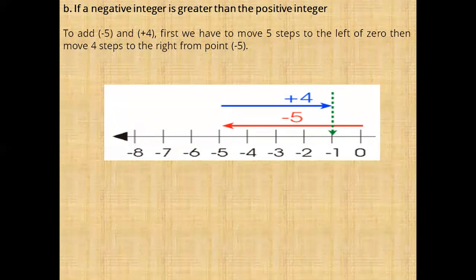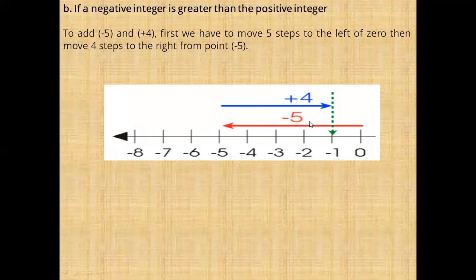Then plus 4, from minus 5 move to the right side. How many steps? 4 steps. 1, 2, 3, 4. So we get minus 1.